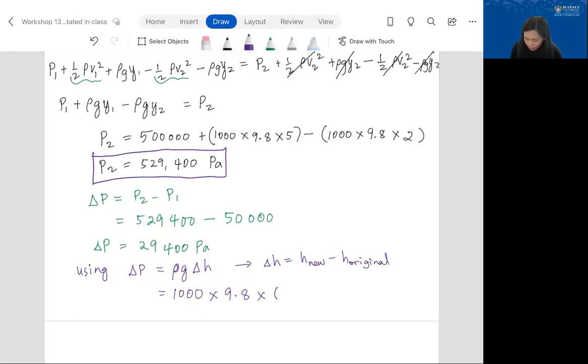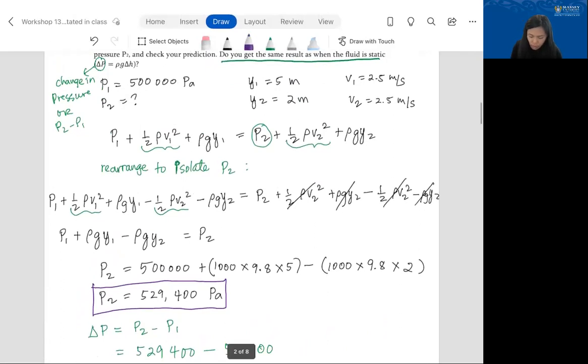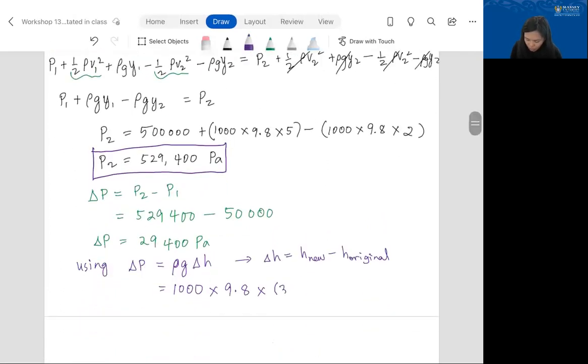So you went from 5 meters to 2 meters. So that's a change of 3 meters for your change in height. If you do the calculation, you would essentially also get 29,400 pascals for your change in pressure.